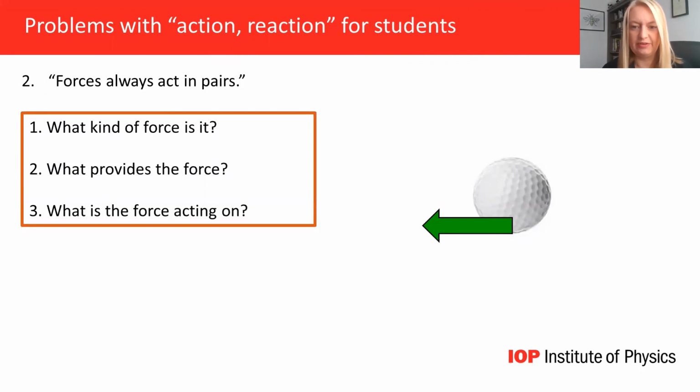So I've drawn my arrow at the point where the ball would be in contact with the ground to really show that that's where my resistive force is happening. So what we want to encourage our students to do is to work through this line of questioning to give an example here where we've just got the one force acting on the ball, and that's okay, especially in that horizontal plane, and to show that it's acting at the point where the ball is in contact with the ground.